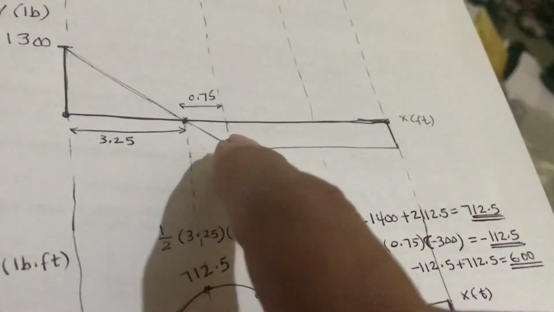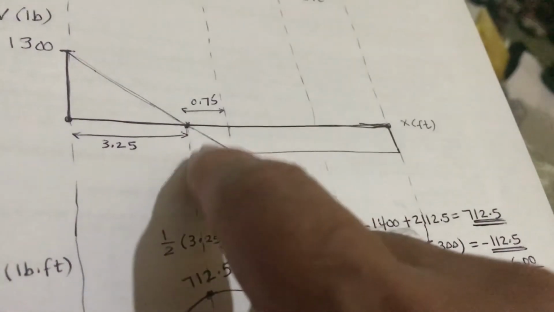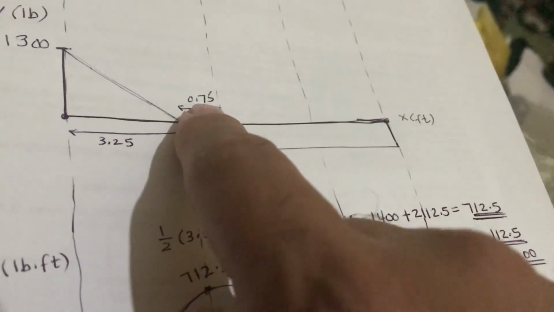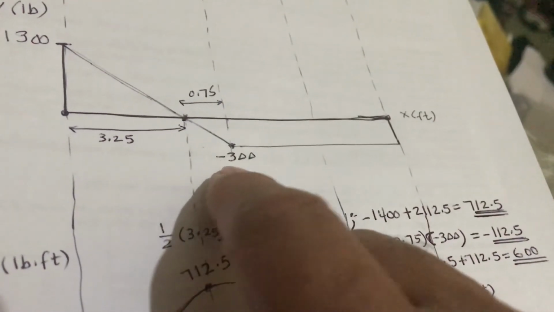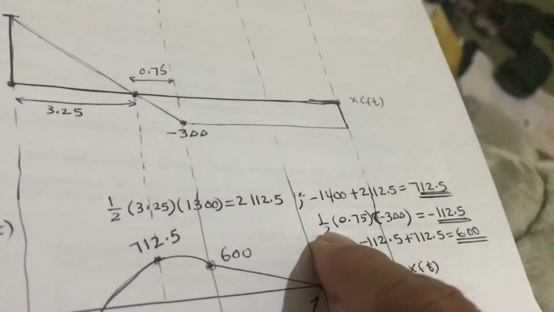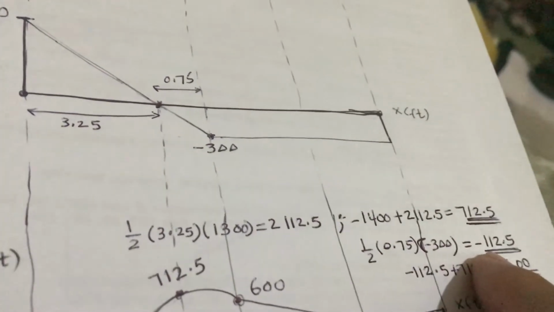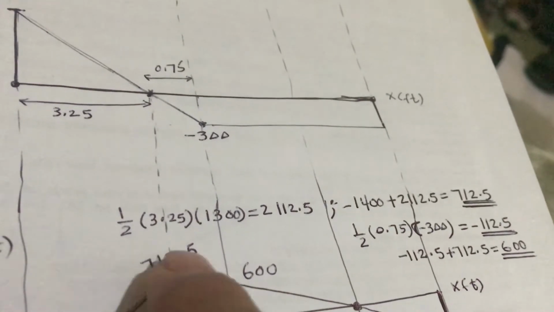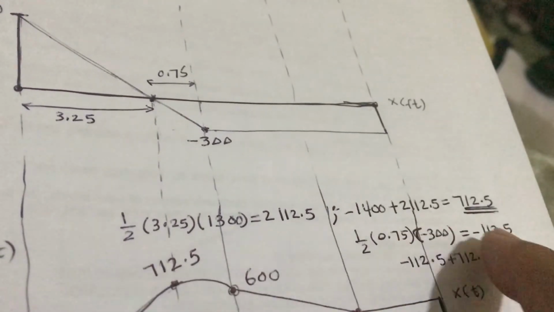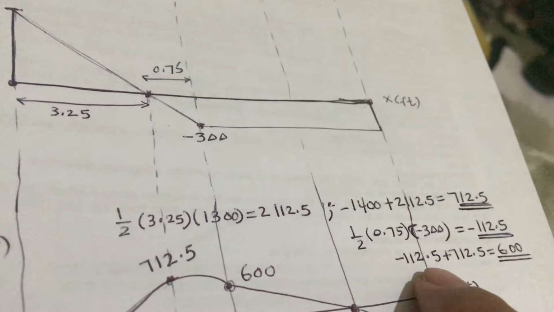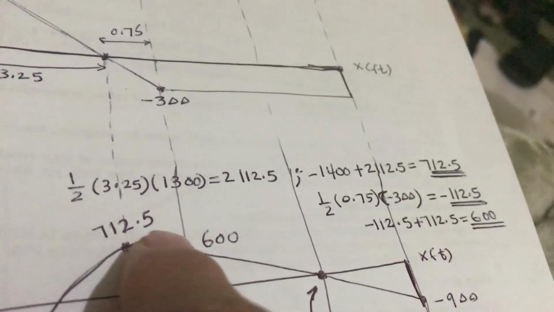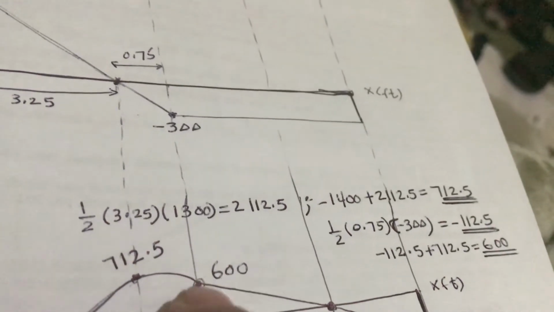Now, what is the moment at this point? You should find the area under this curve. So 1/2 times 0.75 times minus 300, this is minus 112.5. And what was the thing before? 712.5 minus 112.5, you will get, look at this, 600. So it's still concave down, 600. Now we came to this.